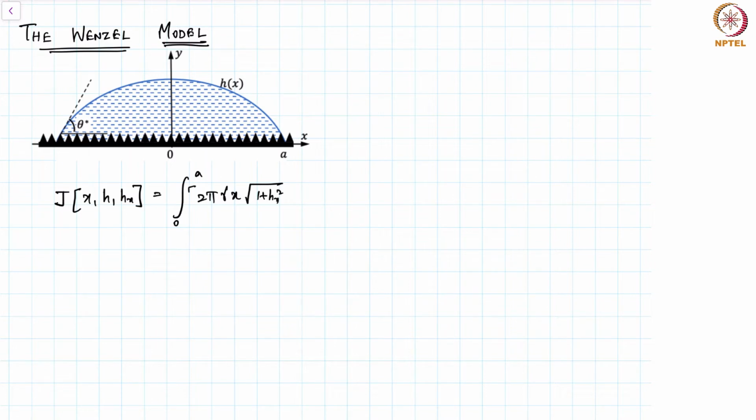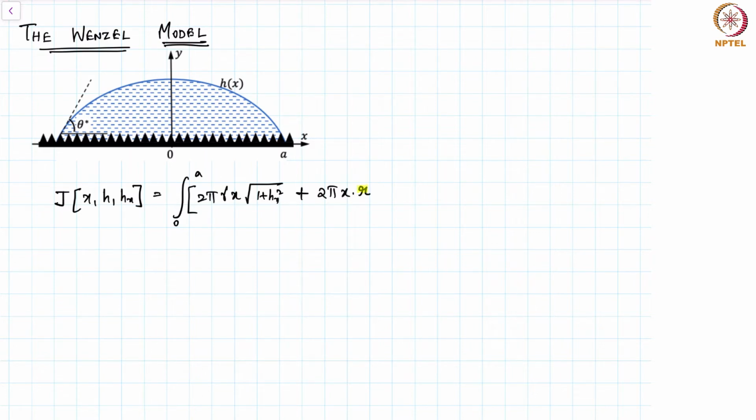This part has not changed. This is from the surface of the droplet. But the moment I look at the contribution from the surface, then I have 2 pi x times r.